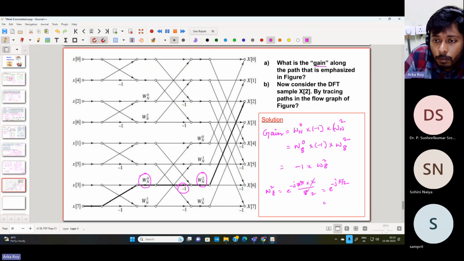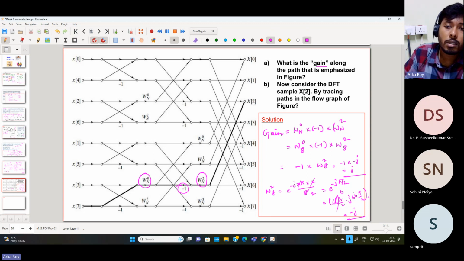So I can just write it as cos pi by 2 minus j sine pi by 2. Cos pi by 2 is basically 0, and then it will give you minus j. Therefore it will be -1 into minus j, so it will be plus j. So this is actually what the gain looks like.